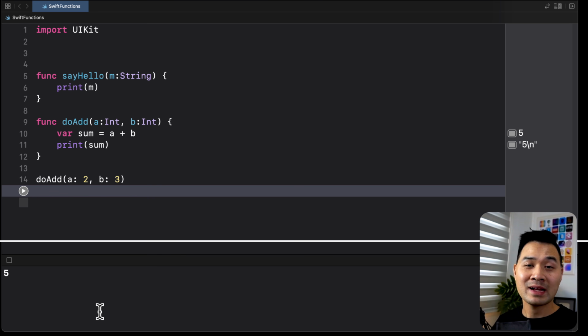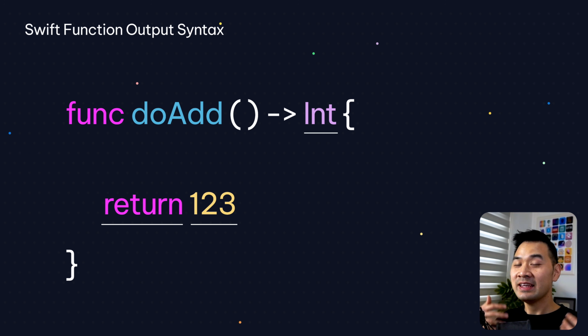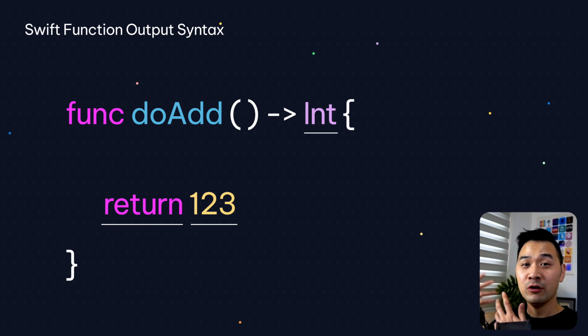Now let us go back to the slides and extend it even more. Functions can be made even better because functions have the ability to return output when you call them. Let's take a look at how this looks. If you look at this syntax, notice that after the function name, after the rounded brackets, we have a dash followed by a greater than sign, which makes it look like an arrow, right?